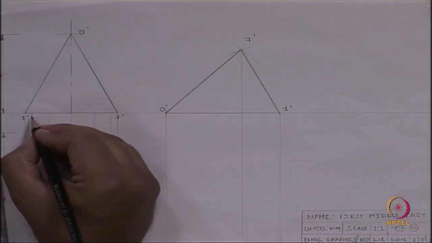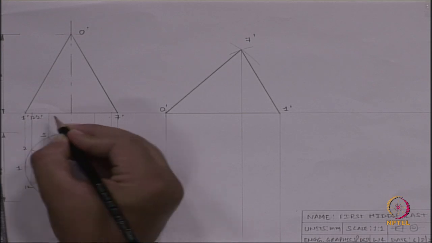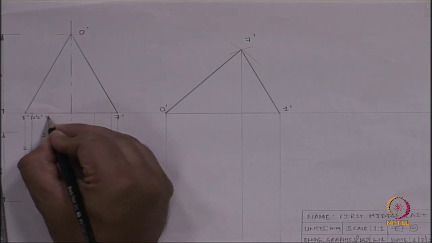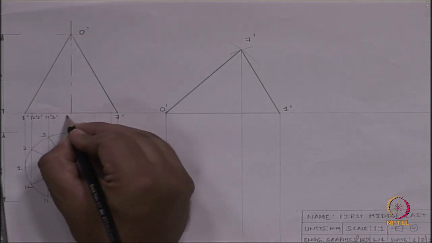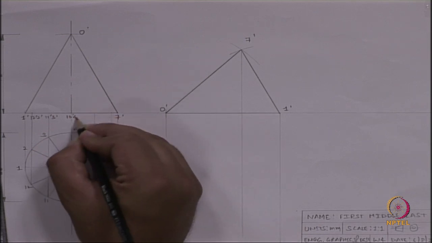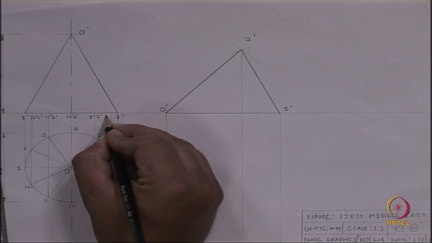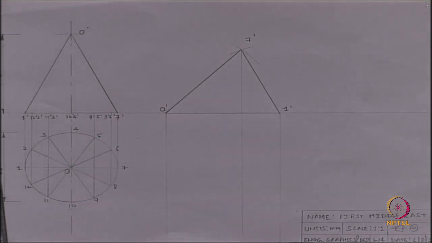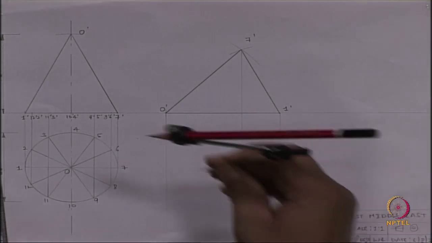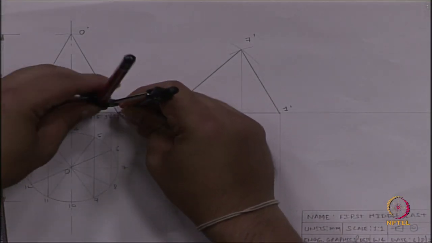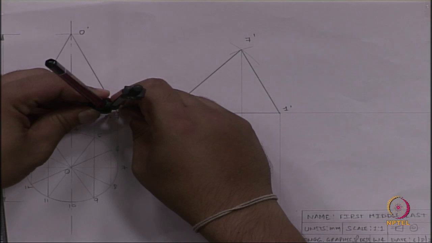And again labeling them 12 dash, 2 dash, 11 dash, 3 dash, 10 dash, 4 dash, 9 dash, 5 dash, 8 dash, 6 dash.